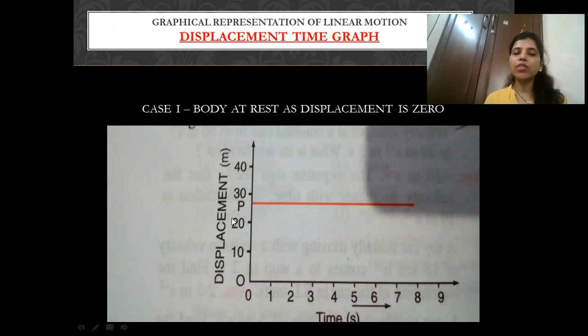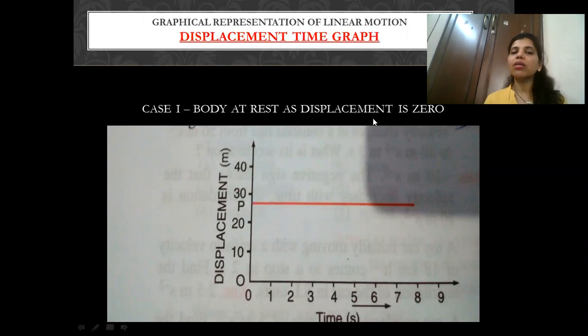In displacement versus time, if the line is parallel to the x-axis, then you are going to interpret the representation of the graph as the body is at rest. Here you can see that after every time interval, the body is observed to be at position B, and that's the reason the line is parallel to the x-axis.